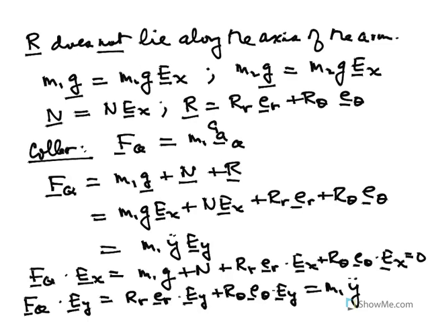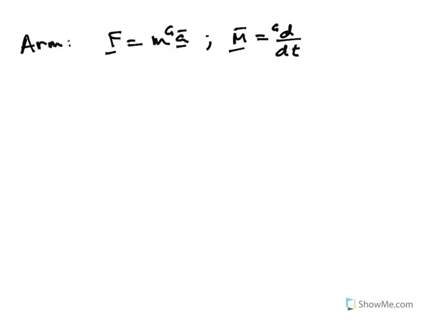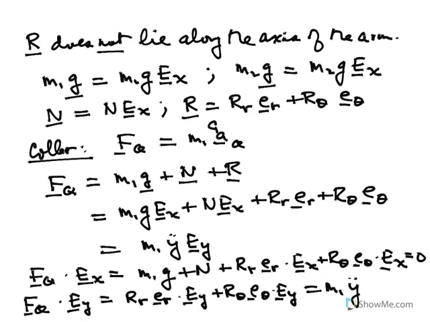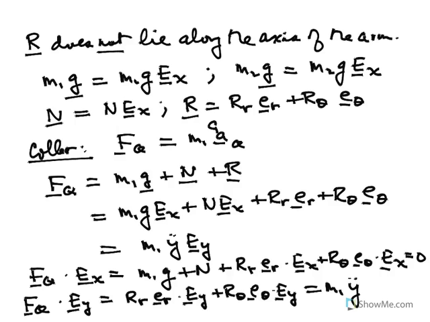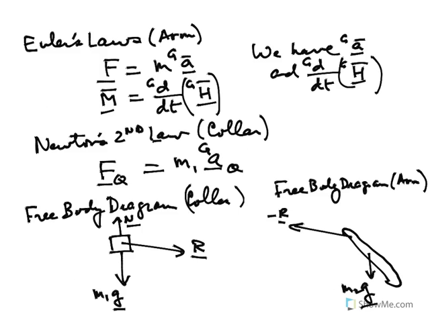So for the arm, we have to do the following. Notice for the collar, we applied Newton's second law. So for the arm, we're going to apply F equals m a bar G, and then we're going to apply M bar equals d/dt in G of h bar G. So F applied to the arm now. If you go back to the free body diagram of the arm, you'll see that there are two forces, negative R and m2g, right?